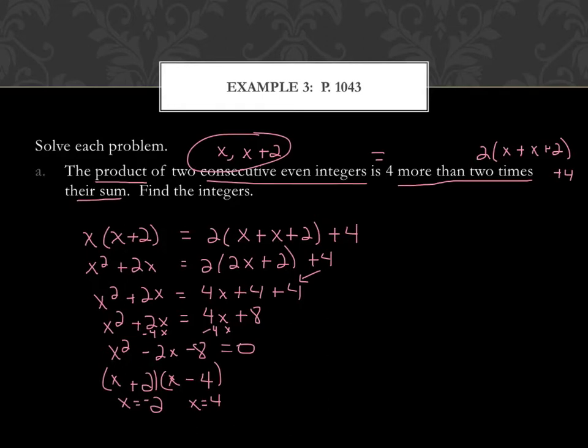Okay, so in this case there were two possible sets of consecutive even integers. So the first one, you could have negative 2 and the next even integer after that would be 0, or 4 and 6.